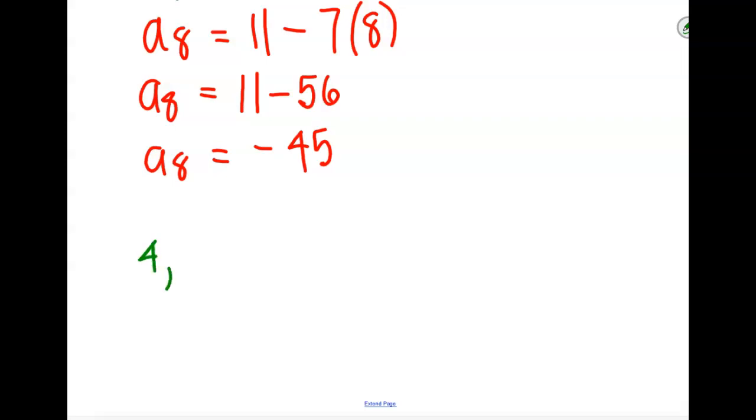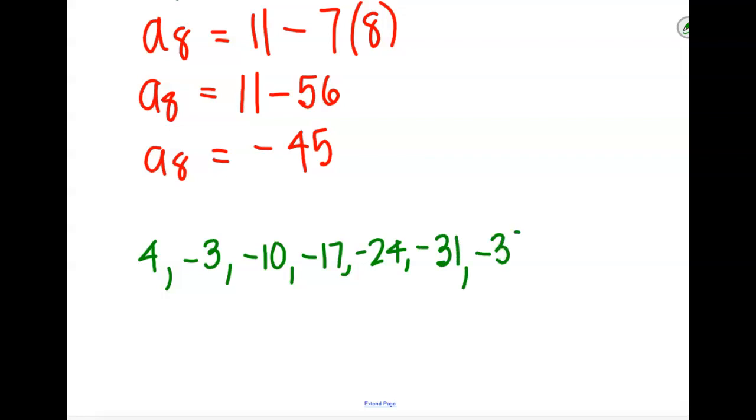You would subtract that common difference, and you continue that. And here is your 8th term. Here is your first term. We like formulas, but that would be the better way to do it.